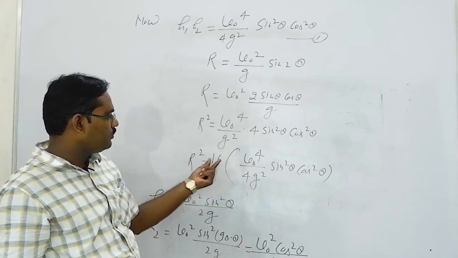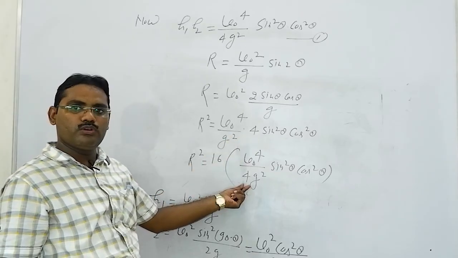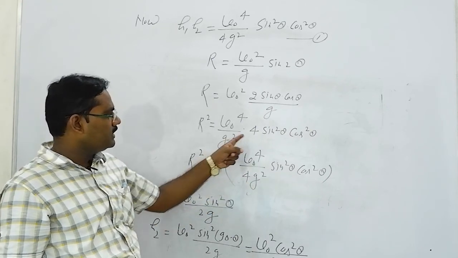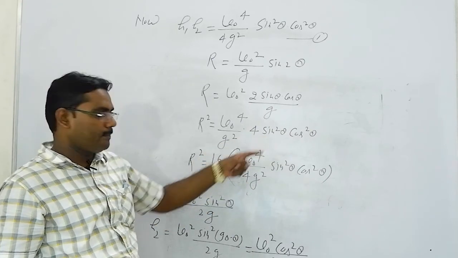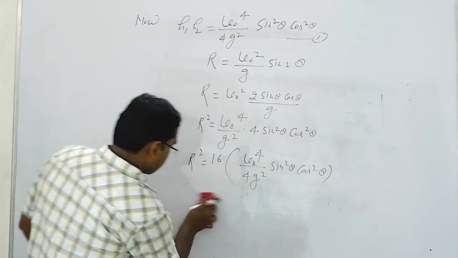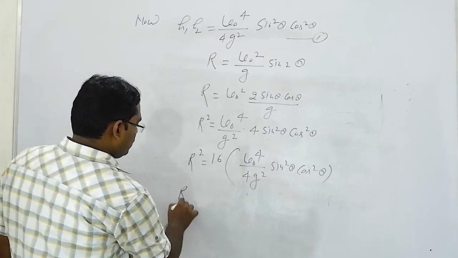Here it became 4 into 4 is 16 divided by 4, and we get this step. Now substitute the value.